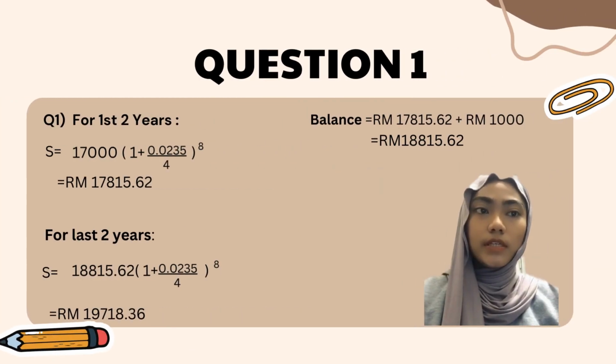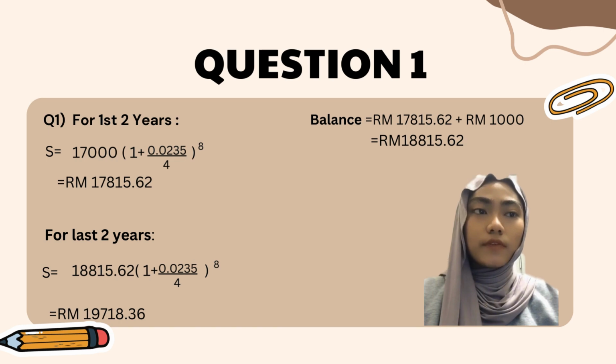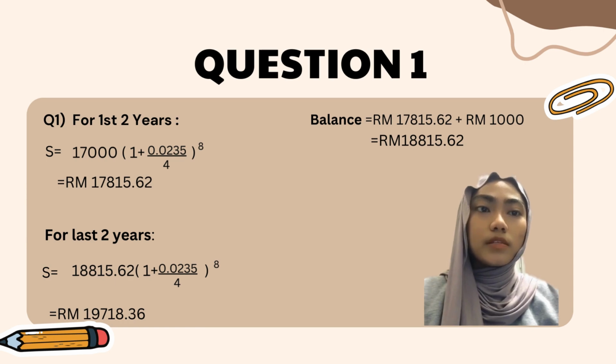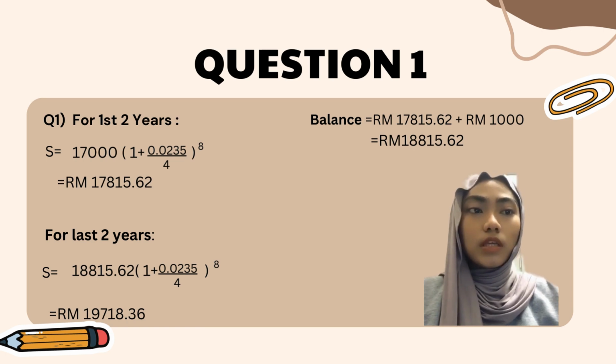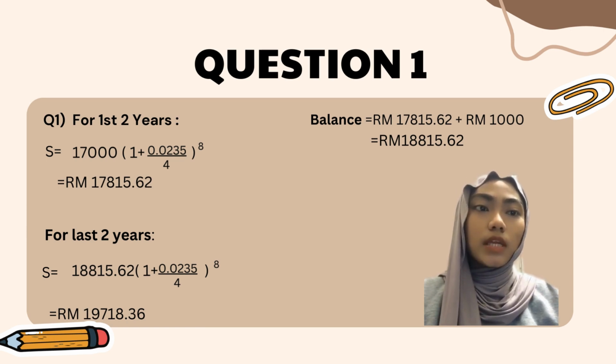For the first 2 years, S equals 17,000(1 + 0.0235/4)^8, which equals RM17,815.62. For the balance, 17,815.62 plus 1,000 equals RM18,815.62.